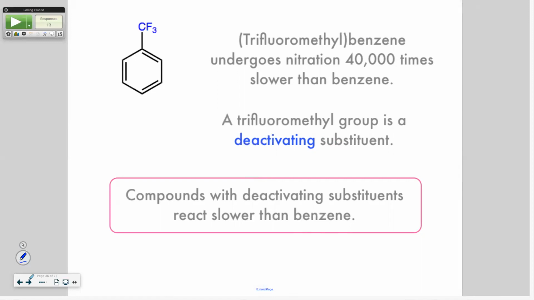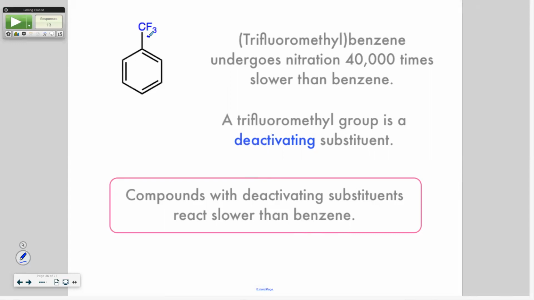Okay, now do you have any idea why toluene, a CH3, would be an activating substituent and CF3 would be a deactivating substituent? Do you have any idea? Electronegativity. Okay, electronegativity. So where is the electronegativity? Up here in the fluorine, right? And what does that mean to be electronegative?